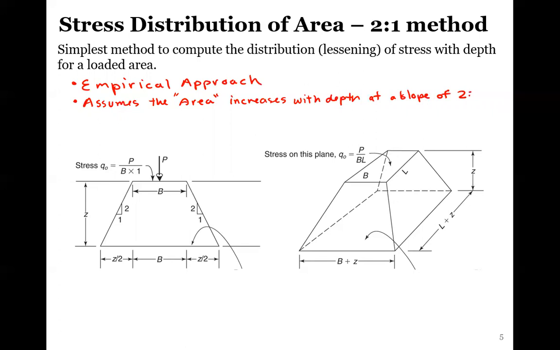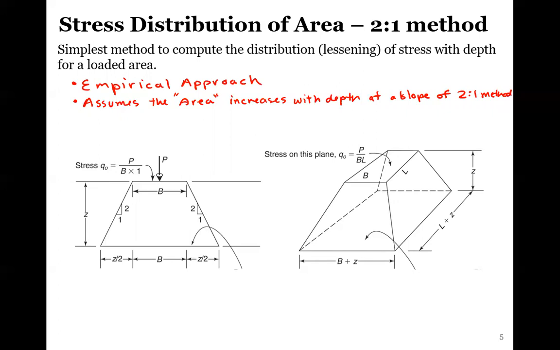That's why it's called the 2-to-1 method. For every 2 feet down we go below the footing or below the source, we go 1 foot out, and that happens on both sides.